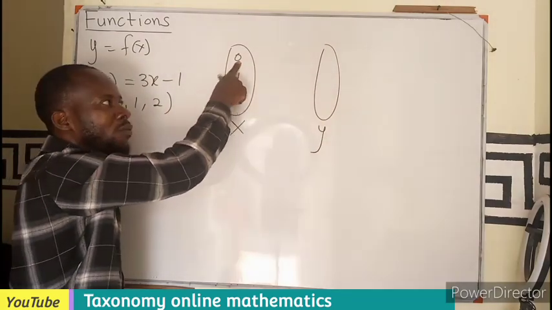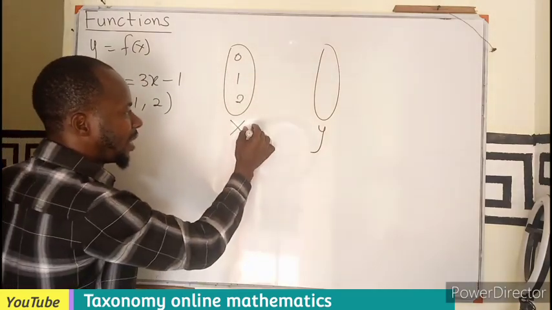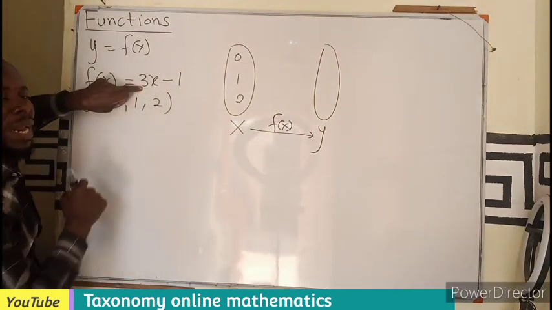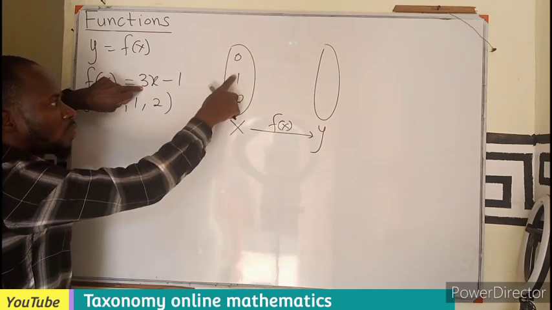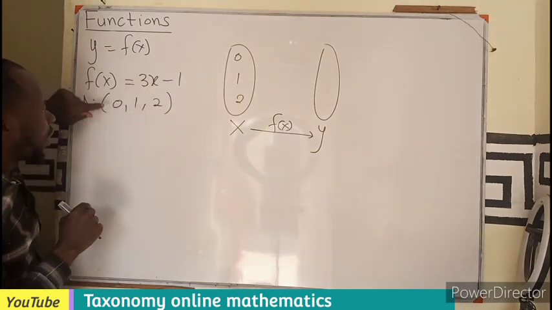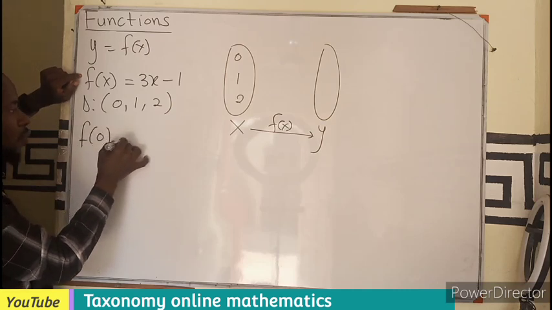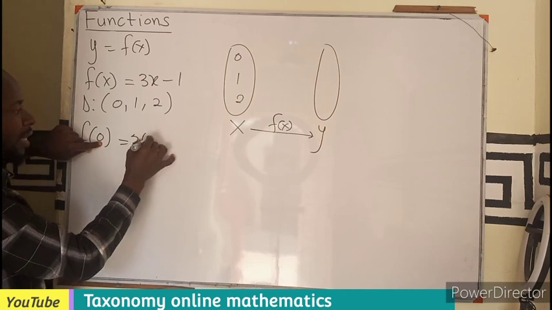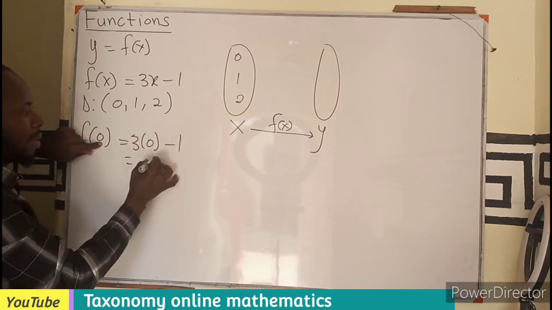What is the image of 1? 1 is mapping to its value, but we have been given the function already as what? 3x minus 1. So what I need to do is replace the value of x by each of the individual elements. So in this case, I'll have f of 0 equals 3x, where the x is now 0, minus 1. So that will give us minus 1.